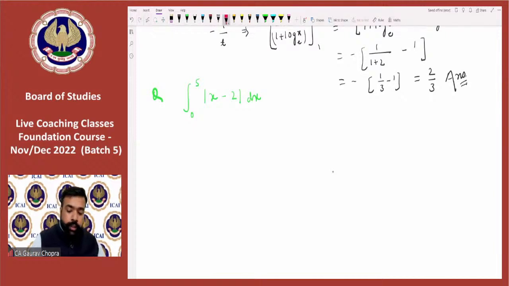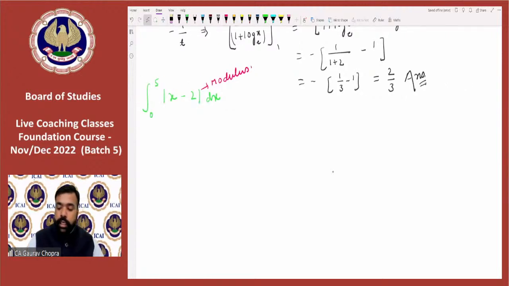Now this time, this is modulus. Modulus means it always gives a positive result. So if we insert, let's say, negative 5, it gives 5. If we insert positive 5, then also it gives 5.